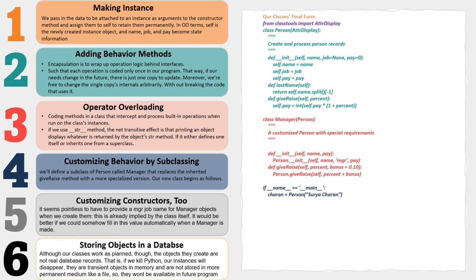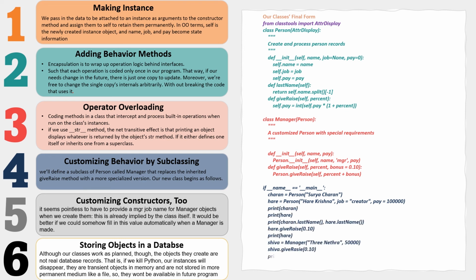So finally your complete piece of code is ready. So now you can do the testing by creating objects that belong to person as well as manager, and finally you can check it out. So now we will write our final full form of code in Jupyter Notebook.